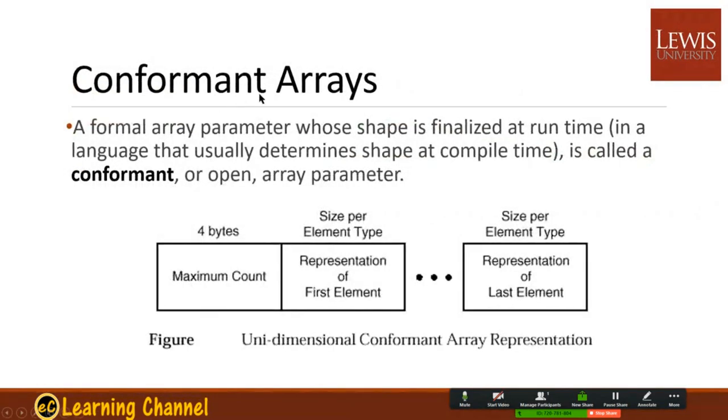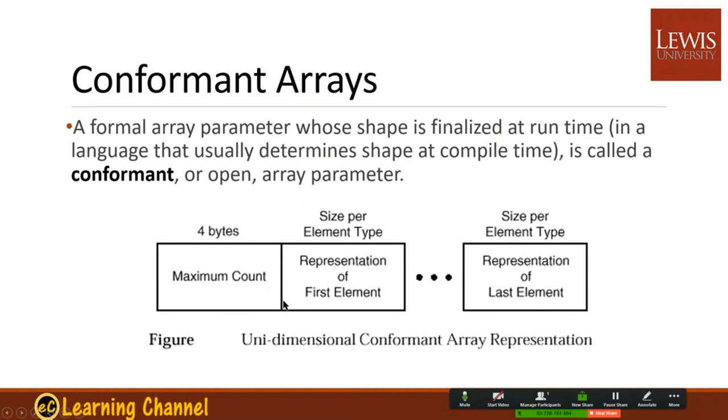Number 1, conformant array. A formal array parameter whose shape is finalized at runtime, in a language that usually determines shape at compile time, is called a conformant or open array parameter. So basically, you do not specify the size at compile time, and that allows the conformant array to be passed as a parameter.